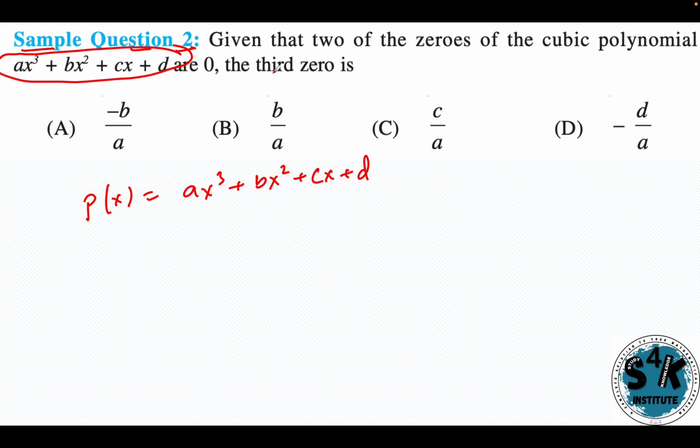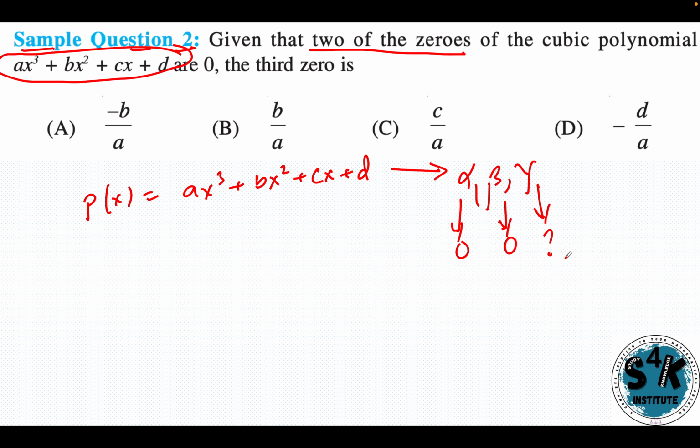Now they are telling us that two of the zeros, there are obviously 3 zeros, alpha, beta, gamma, so two of the zeros are 0 given, and they want the third zero. How can we get that?